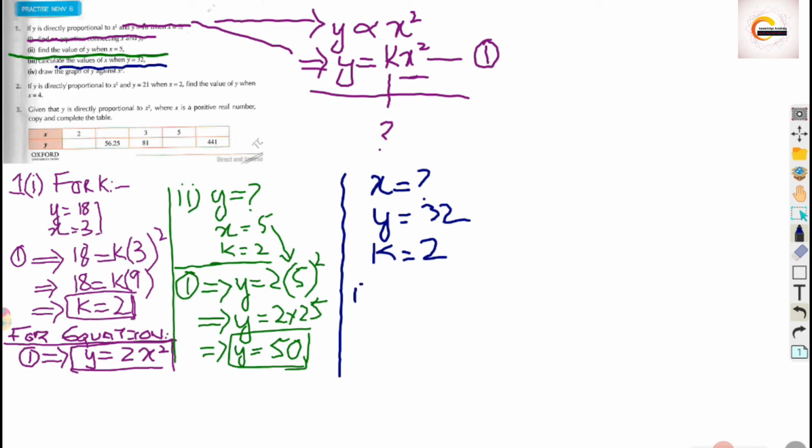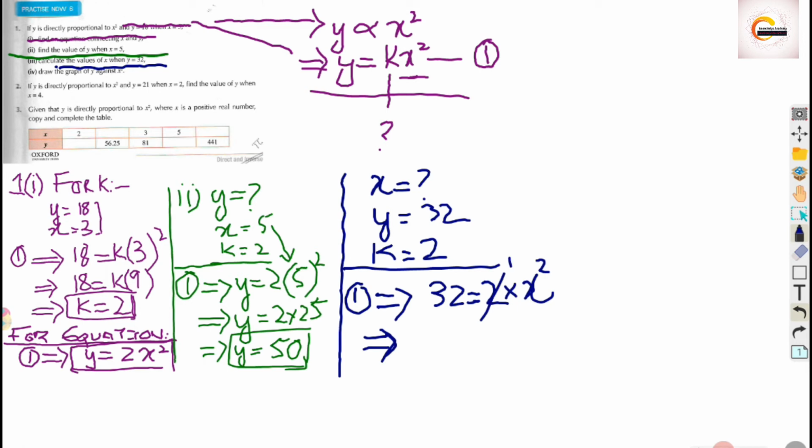Now our equation 1 will become 32 is equal to 2 into x square, and 32 divided by 2 is 16, so x square is 16.